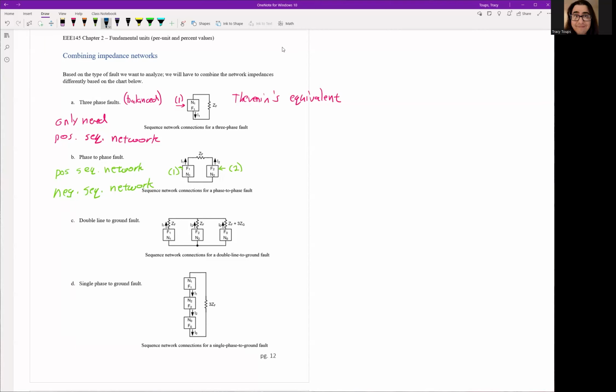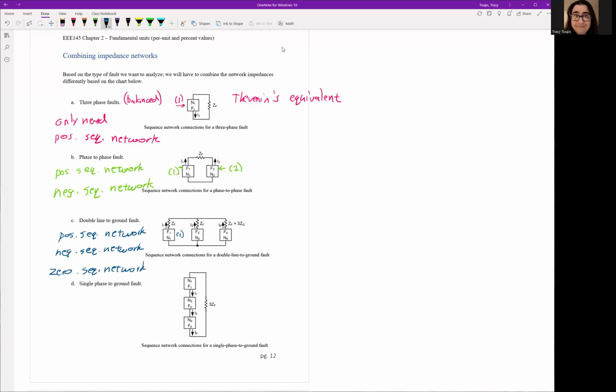Okay. We might have a double line to ground fault because now the ground is involved. We're going to need our zero sequence network. So here we're going to have a positive sequence network, a negative sequence network we're going to have to build, and a zero sequence network we're going to have to build. And again, here is one.